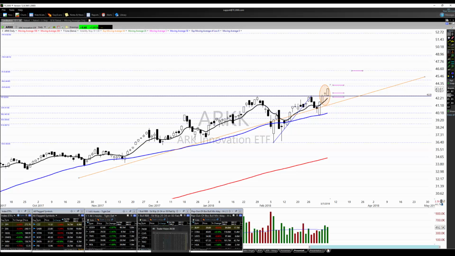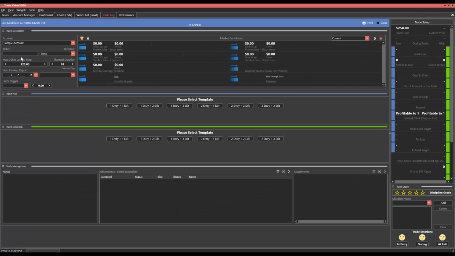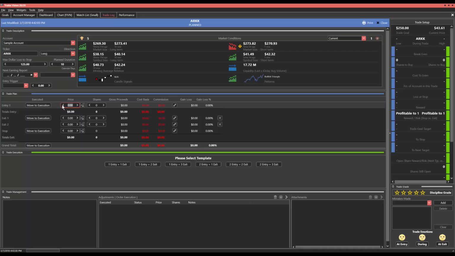Let's see what that looks like. So we add a new trade. ARKK. It's got enough liquidity. I was worried about that. Let's look at one entry here.